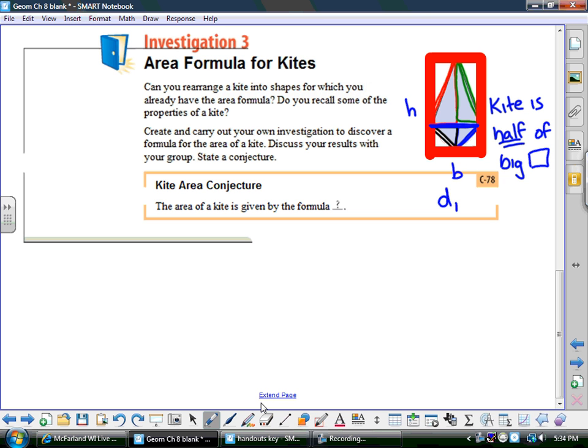The height of the rectangle is the same as this length on the kite, which is the length of the other diagonal of the kite. So the area of that big rectangle would be diagonal 1 times diagonal 2. And since the kite is half of that rectangle, the area formula for the kite is diagonal 1 times diagonal 2 divided by 2.